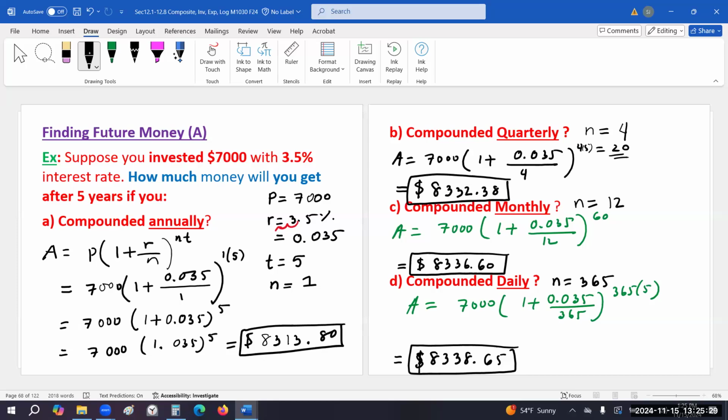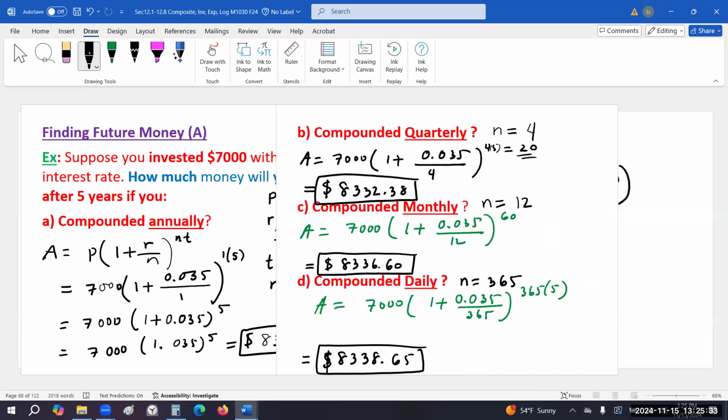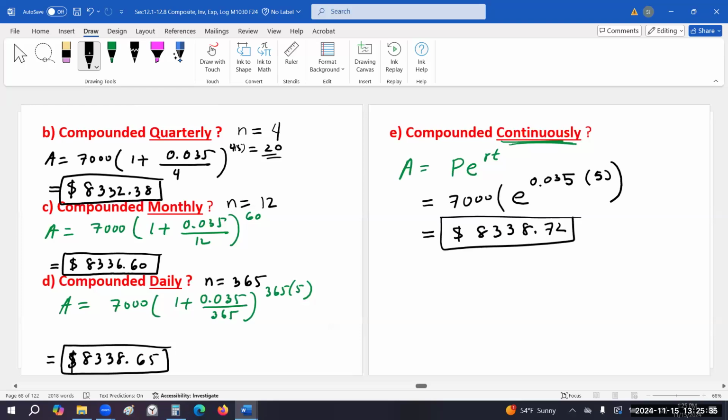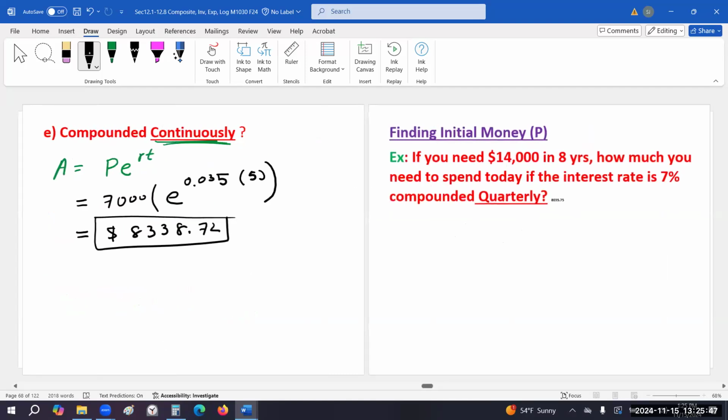Do you see they're increasing? The more times you compound, the more money you get. And finally, the largest amount we get is by doing it continuously. We cannot get anything more than that, because continuous is our last resort. So that was type 1, where we are calculating our final amount.